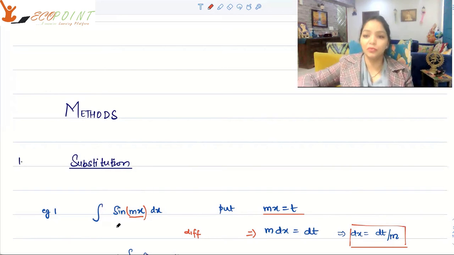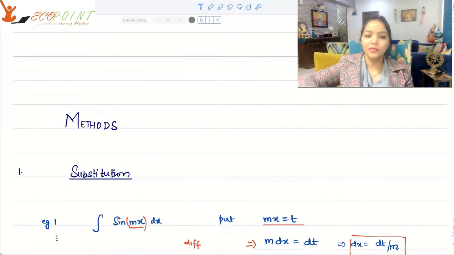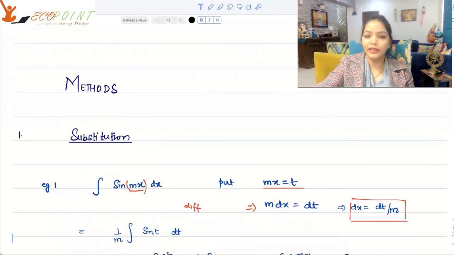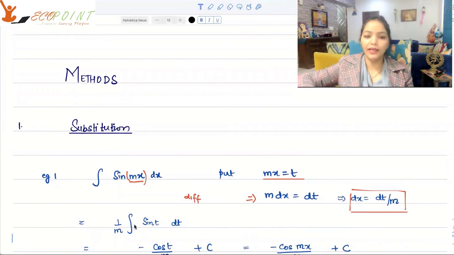Now substitute. That's why it's called substitution. Substituting here, you will get 1 upon m integral sine t dt.